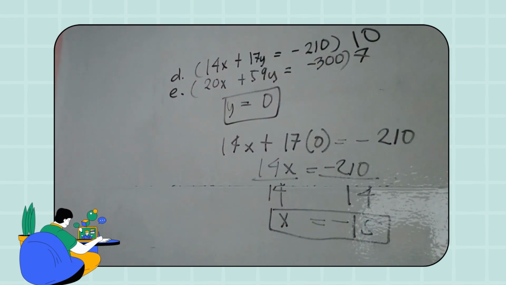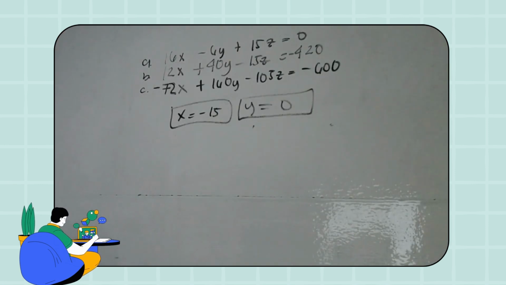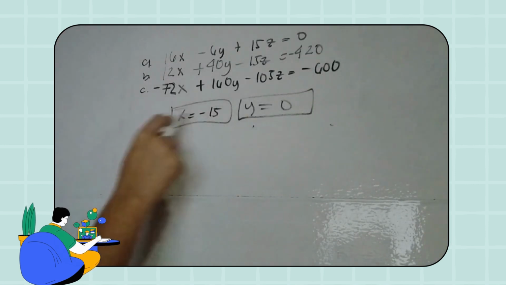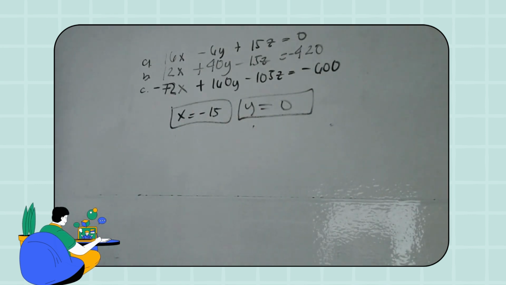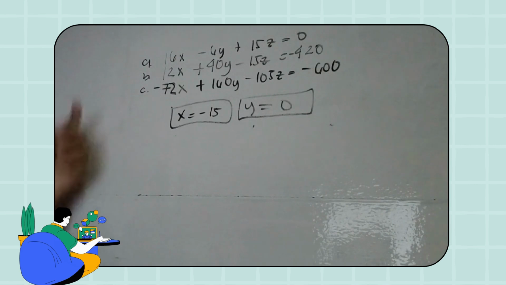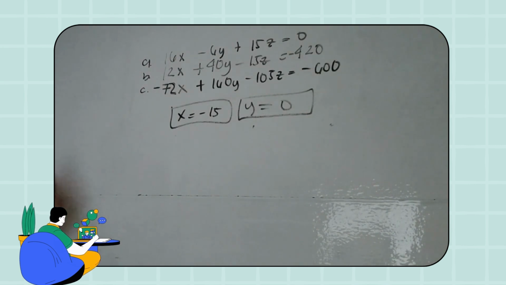Now let's solve for z, now that we have the value of x and y. We may use the original equations A, B, or C in order to solve for z.